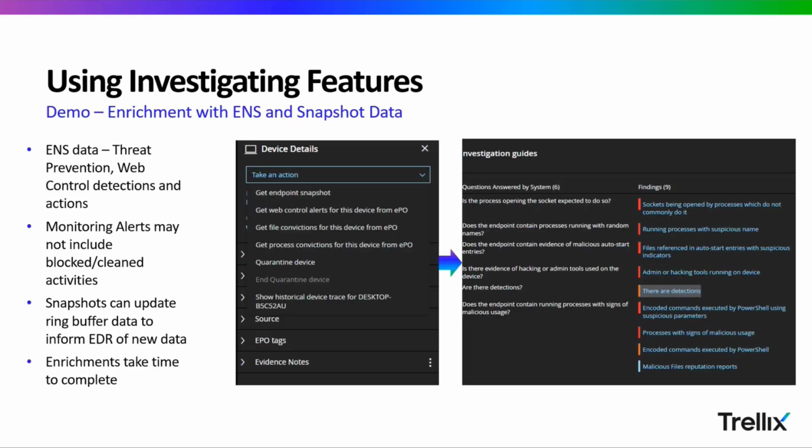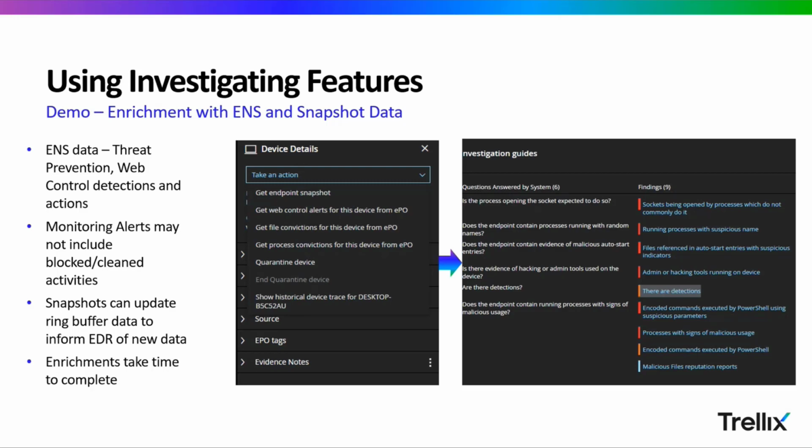When you're using this investigation feature, you have the built-in ability to enhance and enrich the data you're getting by bringing in ENS data from threat protection, threat prevention, and web control. Some of your monitoring alerts may not have blocked and cleaned activities.